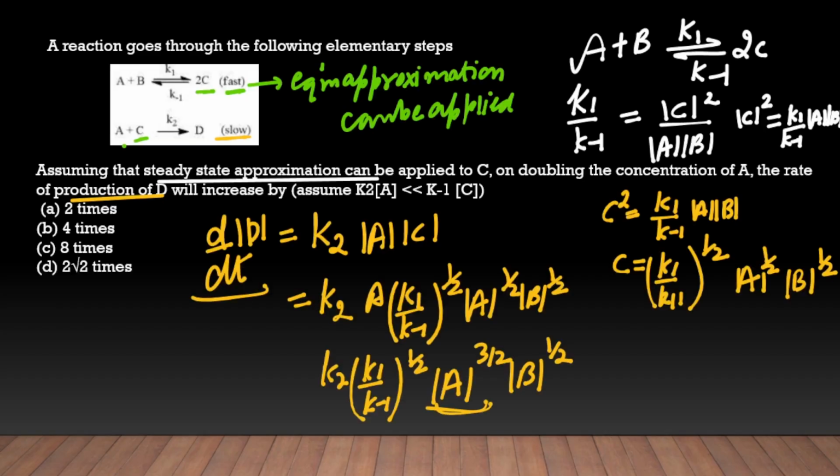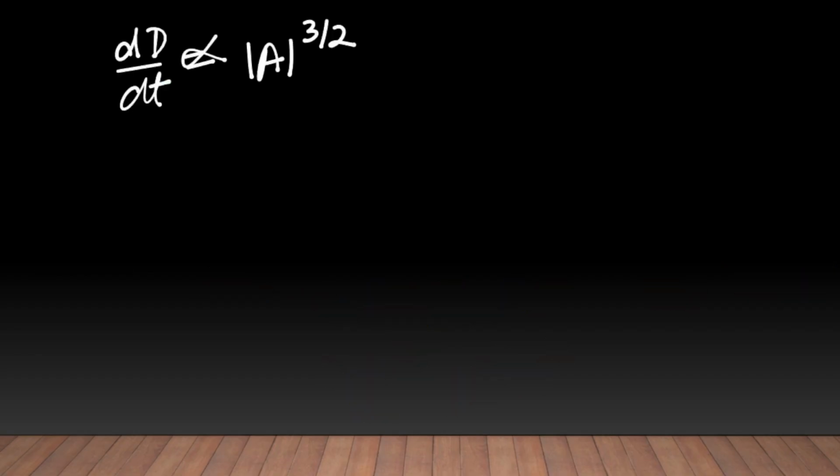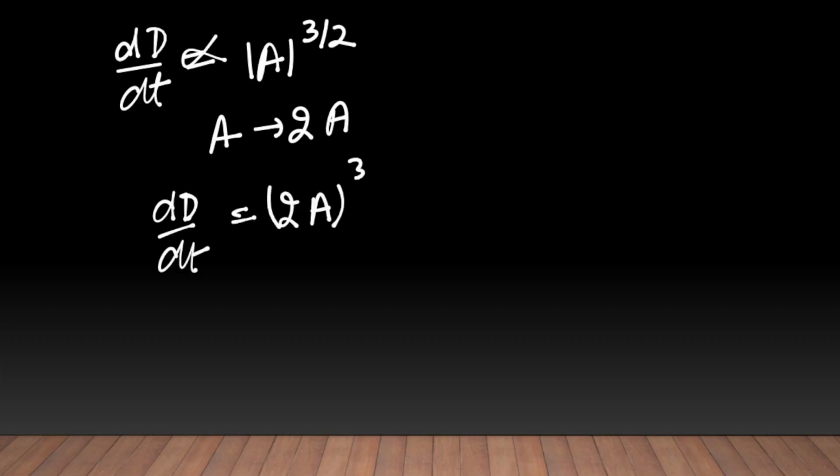So it is given, on doubling the concentration of A, how is the rate of formation of D going to be affected? Instead of A, now the concentration is 2A. So d[D]/dt is proportional to 2A raised to the power of 3 by 2.